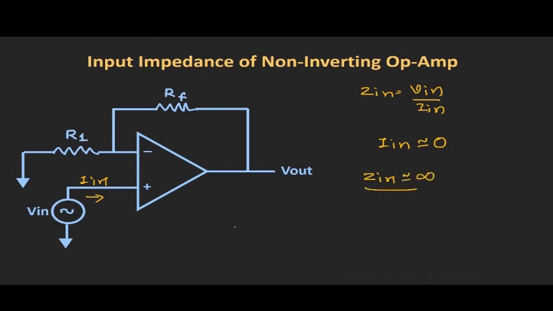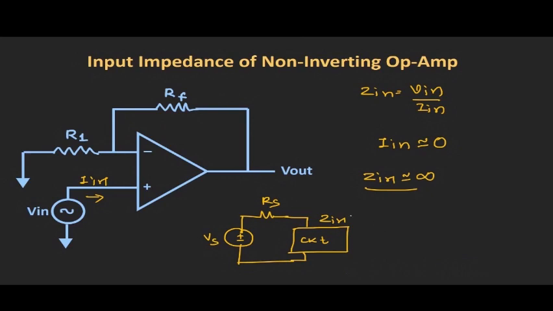So now in any circuit, whenever we have a very high input impedance, then that will ensure that the source that is connected to that circuit will not get loaded. So let us understand this point. So let us say we have one voltage source Vs and it has a source resistance Rs, and it is connected to one circuit, and this circuit has an input impedance Zin.